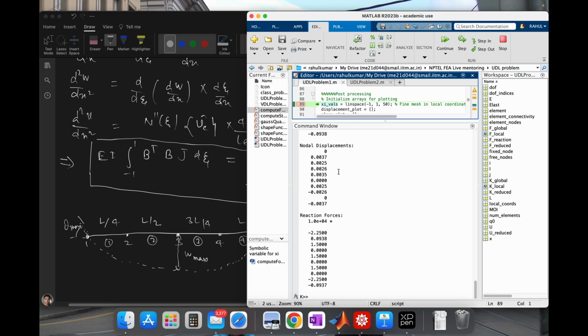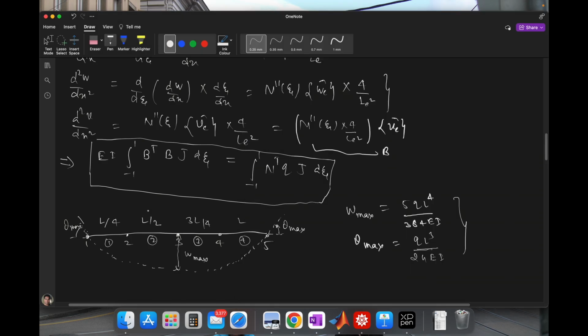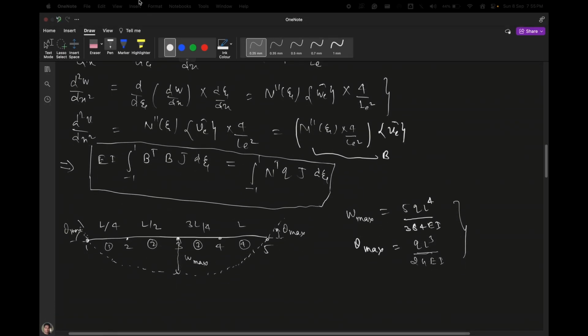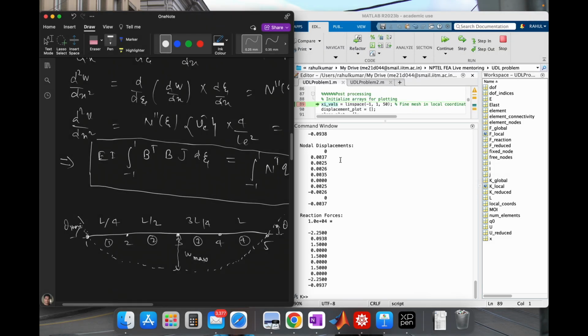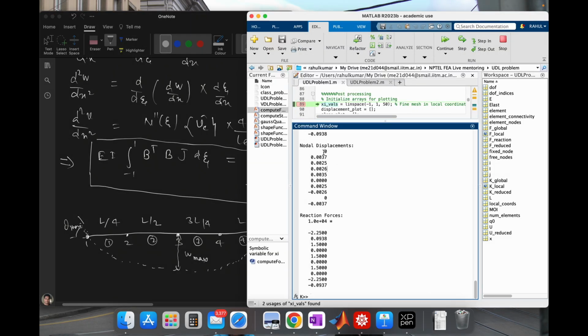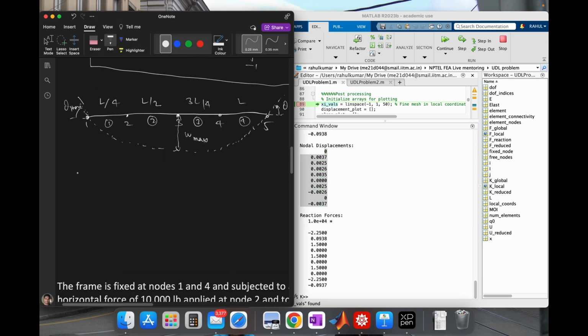Now we will try to verify whether our solution is correct or not. Here I will copy it and paste it. This is node 1, this is node 2, this is node 3, this is node 4, and this is node 5.